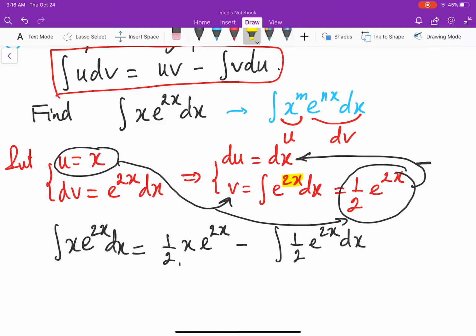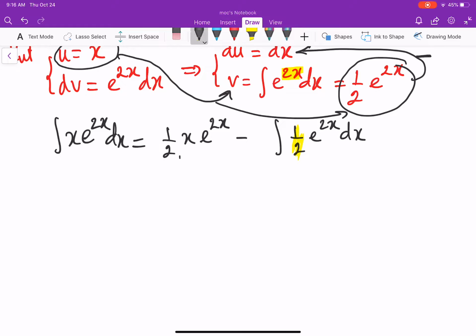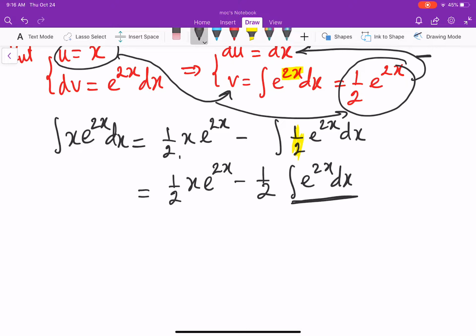I can write in here 1/2 e to 2x dx, right? But since 1/2 is constant, we can take this out. We have this is equal to 1/2 x e to 2x minus 1/2 integral of e to 2x dx. We just saw this integral previously. You can see it's right here.